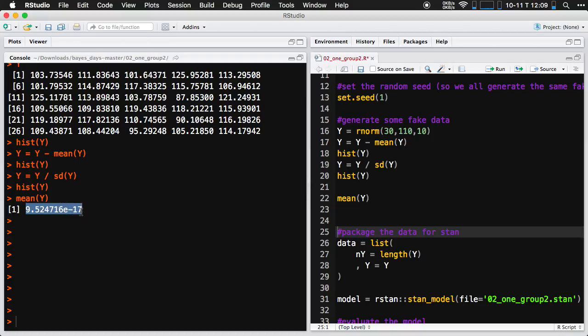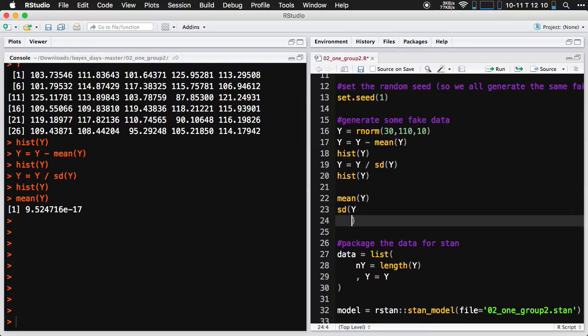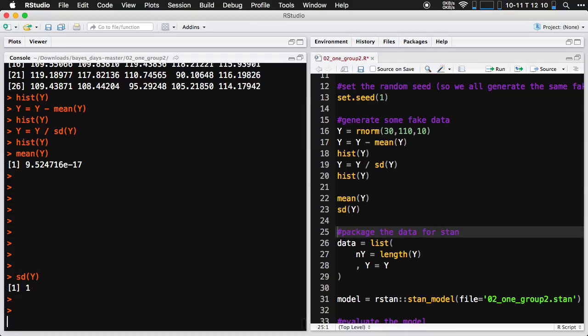The fact that it's not exactly 0 just reflects that computers aren't great at storing really small decimals or making sure an operation comes out precisely 0. It's about 9 times 10 to the power of negative 17, which is a lot of zeros before you get to numbers. So pretty much 0. And if we look at the standard deviation of y, it's 1.